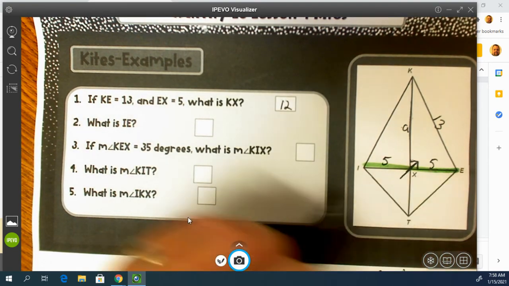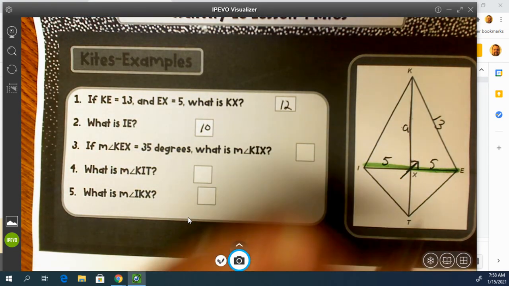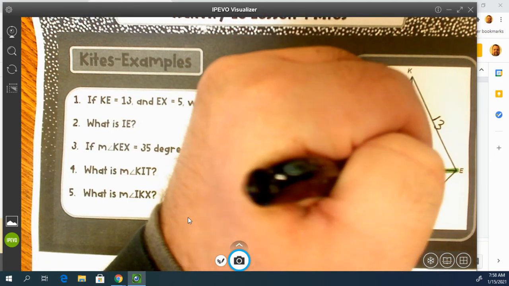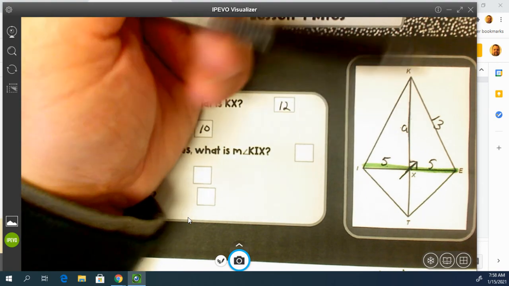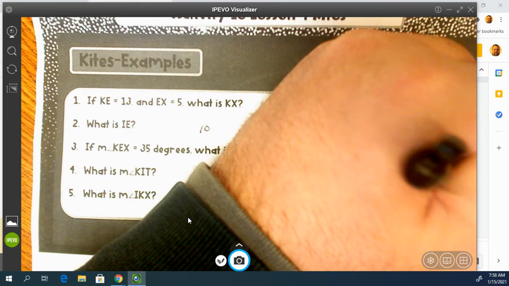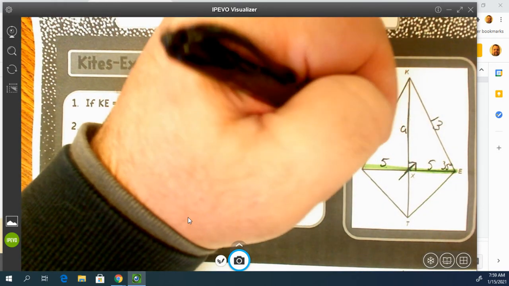Well, 5 plus 5 is 10. The next one, KEX is 35 degrees. What is KIX?